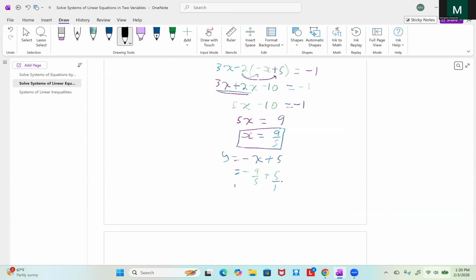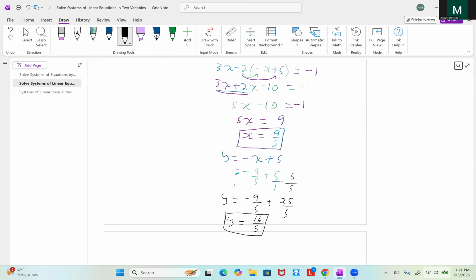So we multiply the second fraction by 5 over 5 so that we have a denominator of 5. So y is equal to minus 9 over 5 plus 25 over 5. So the sum here is minus 9 plus 25, which is 16 over 5. So y is 16 over 5.